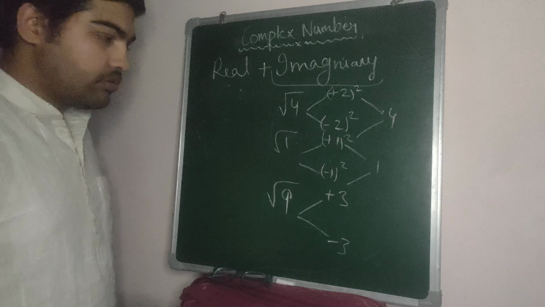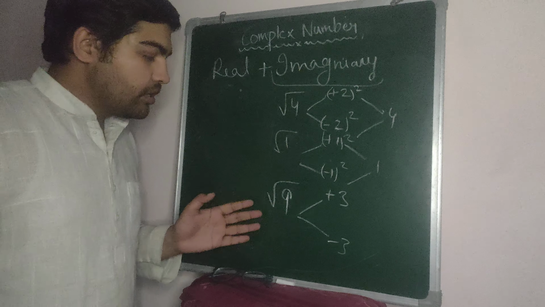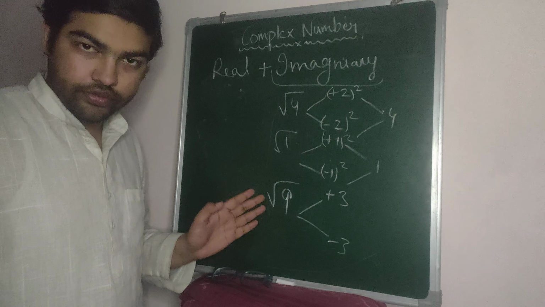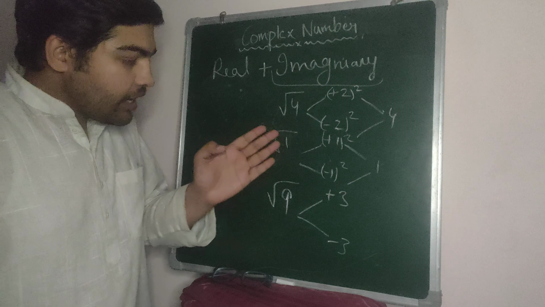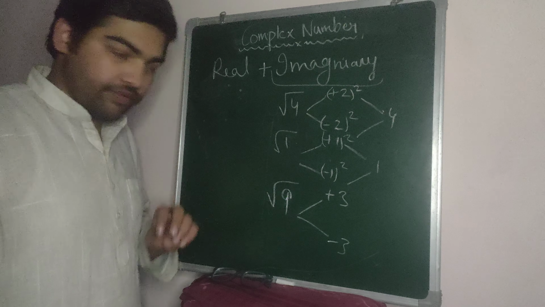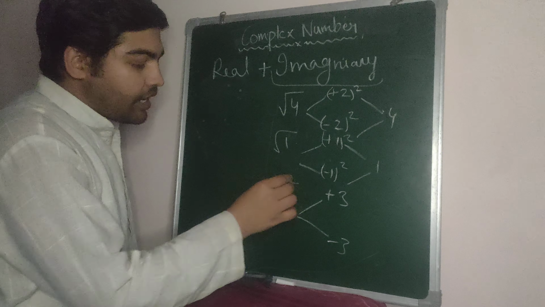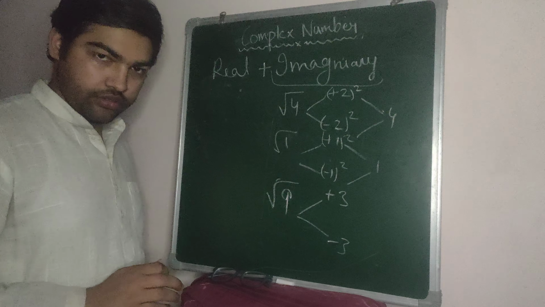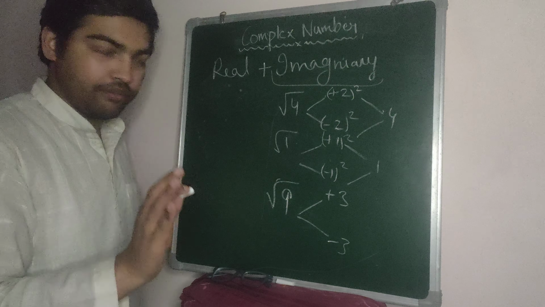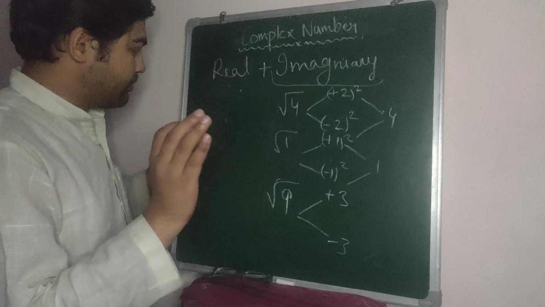So using these examples we can conclude that no real number is negative within a root, because if we square any positive or negative number, we always get a positive number. So we cannot consider any negative number in the root. This is just the basic building block.